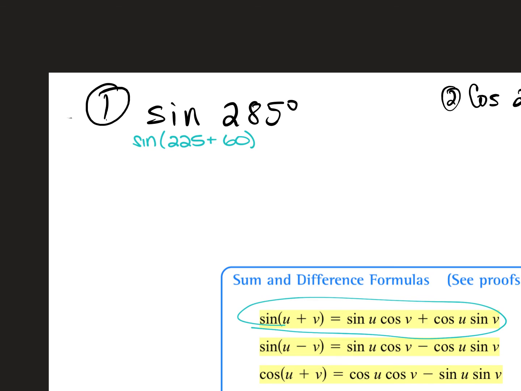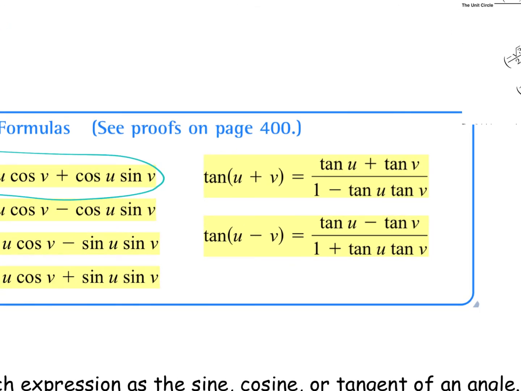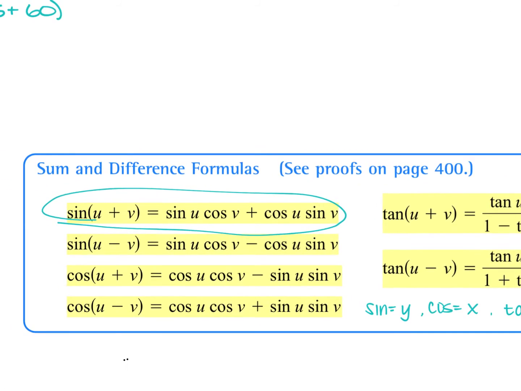Remember, sine is y. Cosine is x. Tangent is y over x, or y divided by x. So keep those in mind.